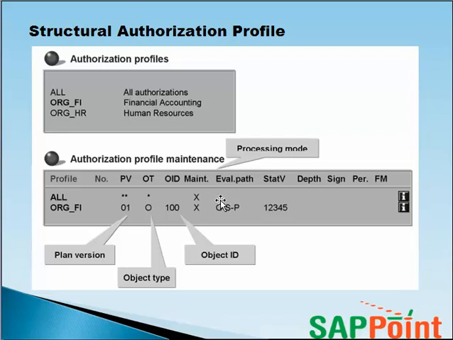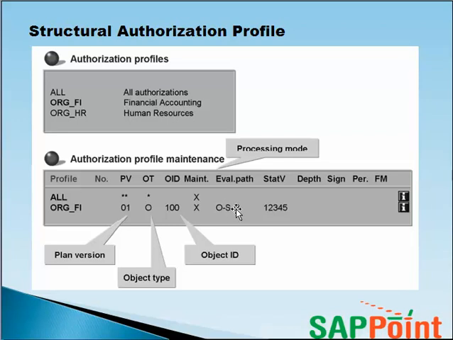So using this evaluation path, for example, from this node with this starting object, the user is authorized to access org units, positions and persons under this org unit. So by specifying the evaluation path, you can determine that the user is only authorized to access objects along this evaluation path that you have specified here.